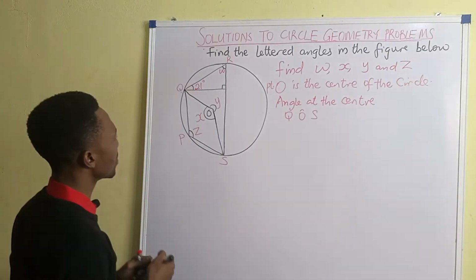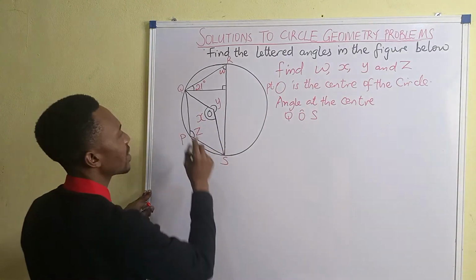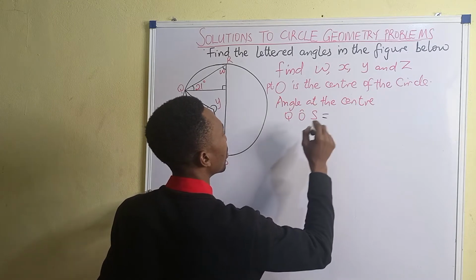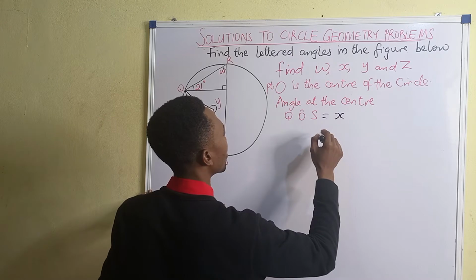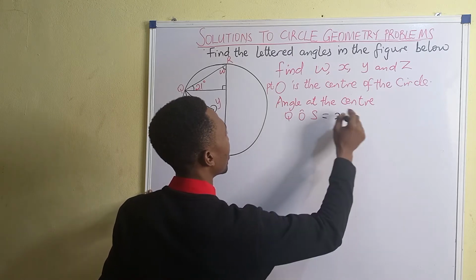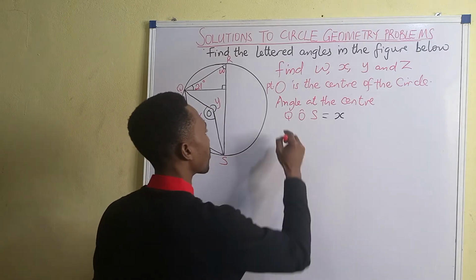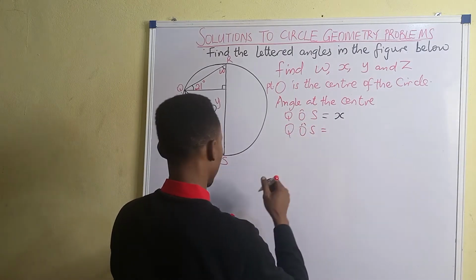So the angle subtended by this arc QS on the center at X is equal to X, and QOS is also equal to Y.